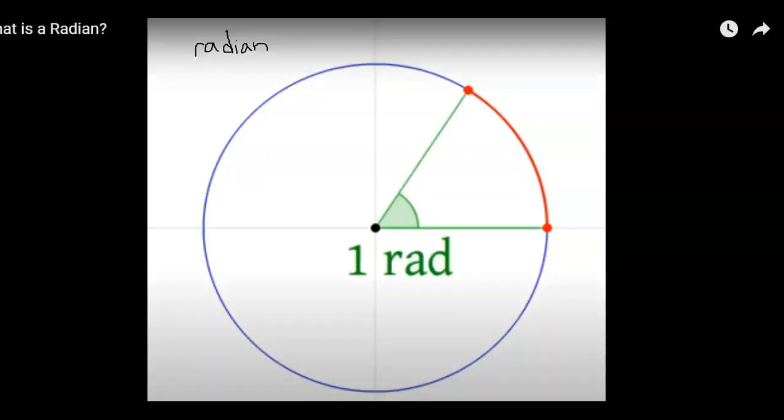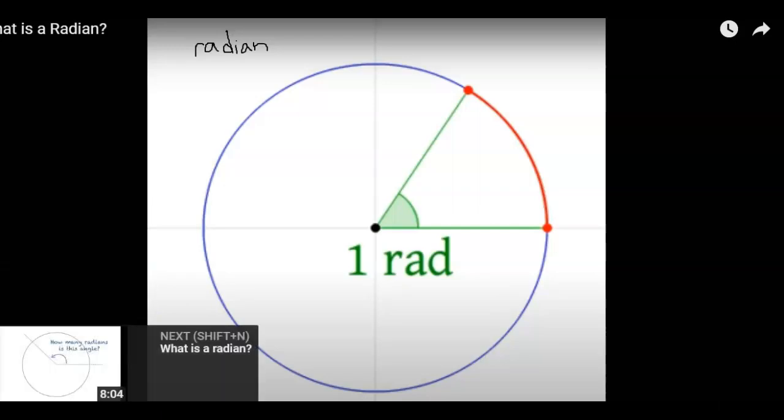And what this makes is 1 radian. The definition of a radian is the angle formed when your arc length is 1 radius around the circle. And that's why it got its name, radian. It's a radius. It's the angle you get from 1 radius length around the circle.